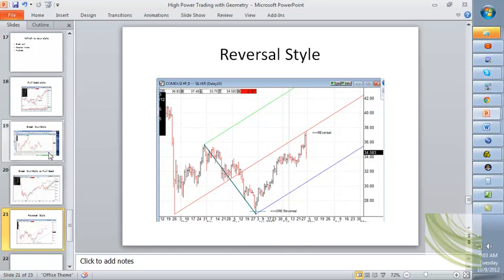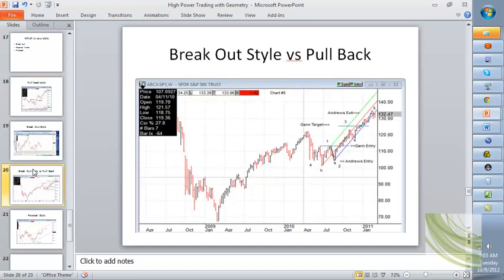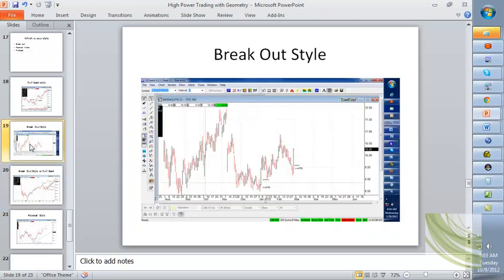So what happens is you can then use pullback style in order to enter the market. And if you want a review of that, just take a look at the last two chapters in the manual. It gives you some really interesting ideas for that, and ways of doing exactly what I'm talking about here.